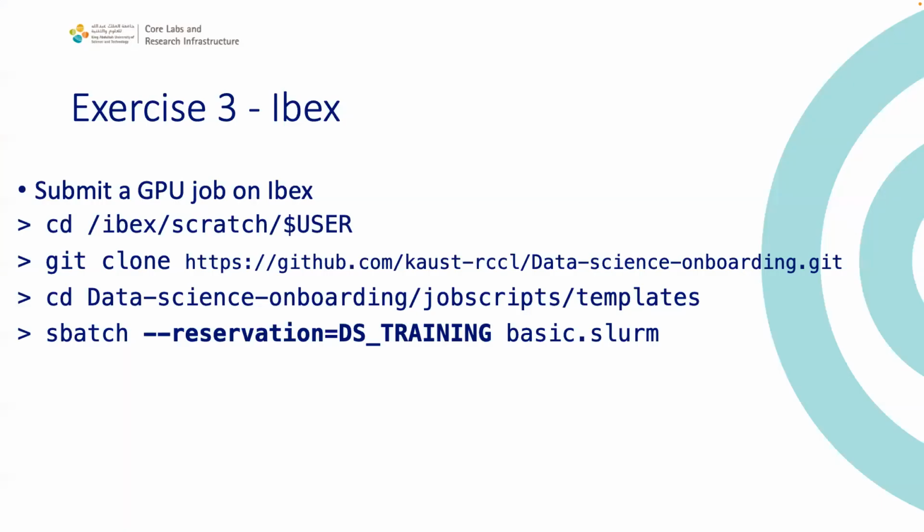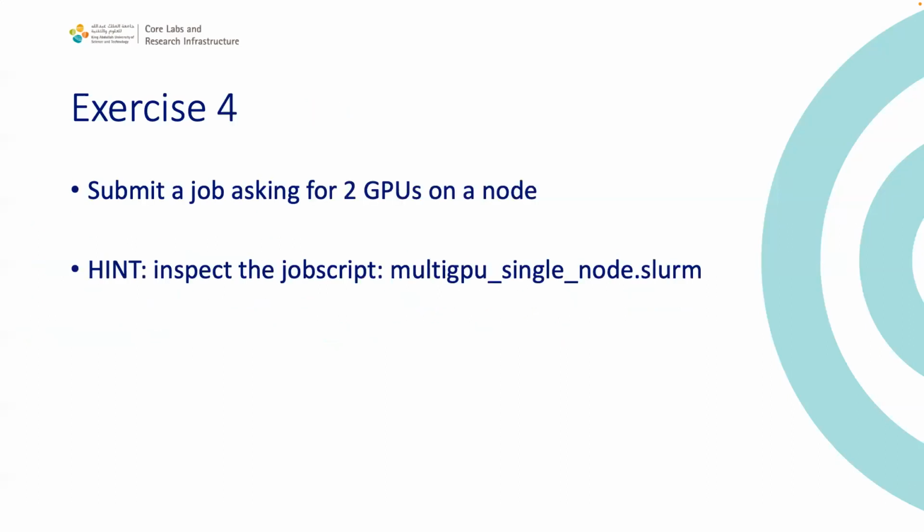All right. For those of you that already ran the basic one, now try to ask for 2 GPUs instead of 1. The hint is go to the multi-GPU single node slurm that you should find in the same folder.